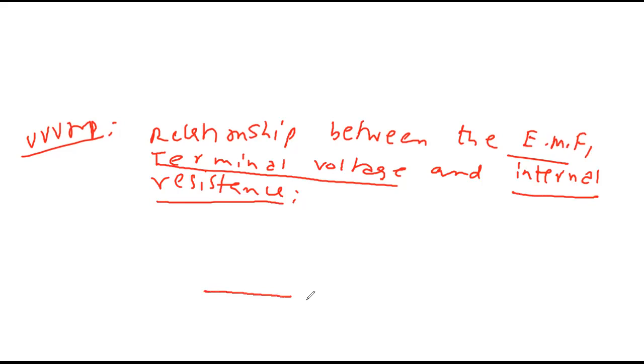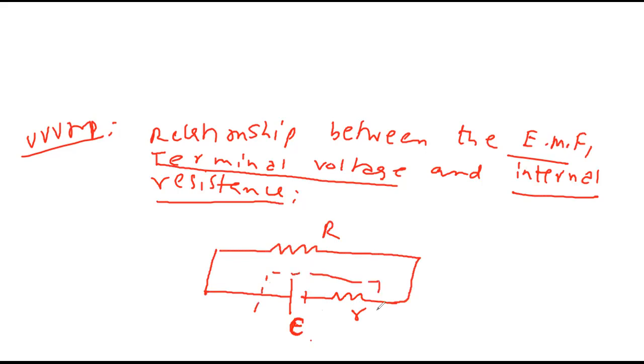Suppose this is a cell of EMF E. Generally it is written as epsilon. Its internal resistance r is connected to the external resistance capital R. So this entire combination is actually the cell. Current flows from positive and enters the negative. Let V be the voltage across the external resistance R.